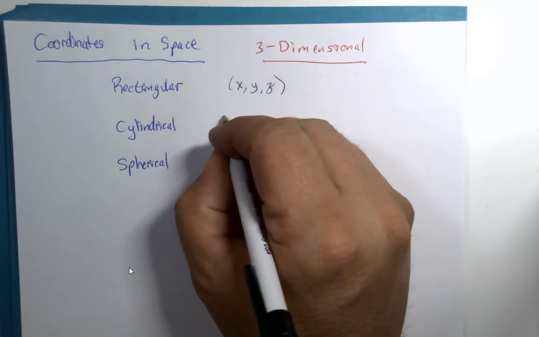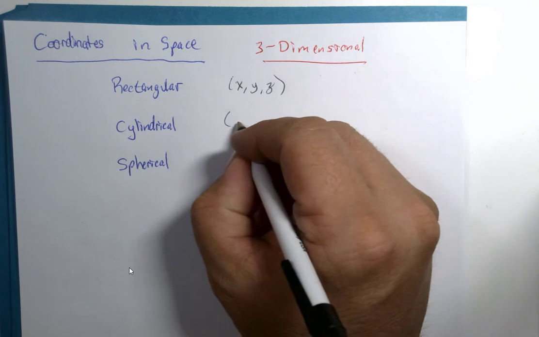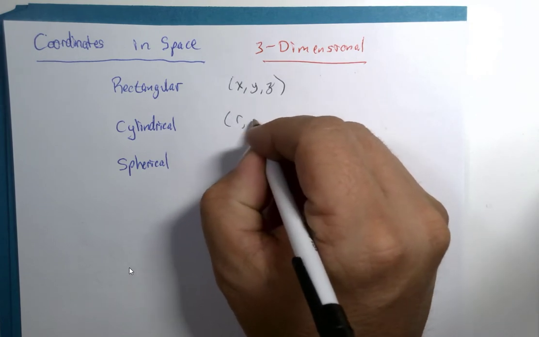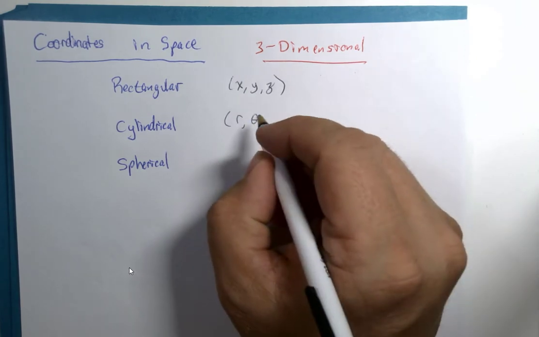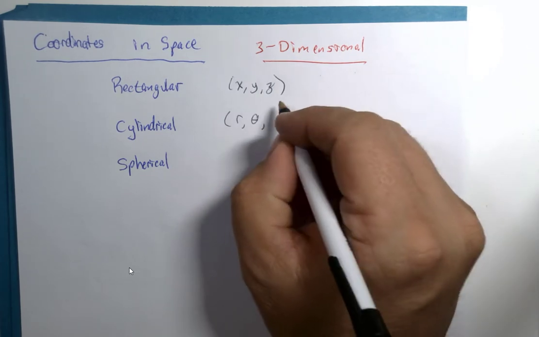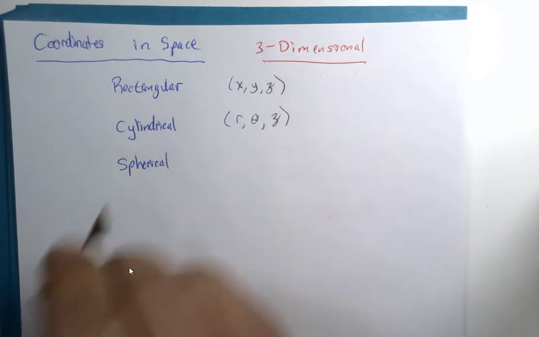We have cylindrical coordinates, where x and y are basically converted to our traditional polar, and then z remains z.